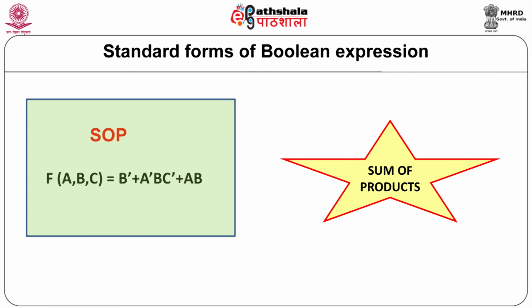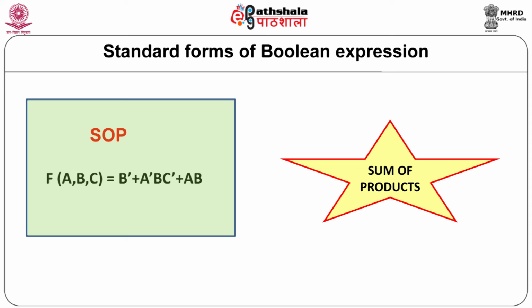Standard form of Boolean expression facilitates simplification. The result after simplification provides a more desirable implementation. Standard forms rely on two types of terms: the product term and the sum term.